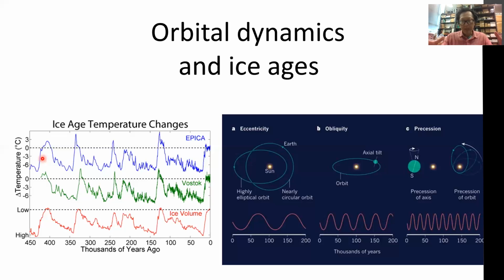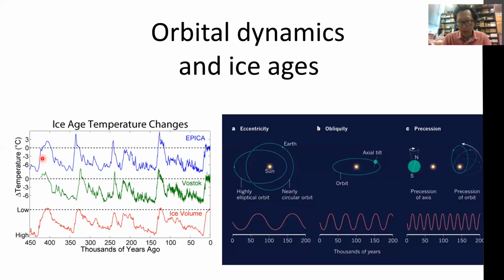And the reason it does that is that as your eccentricity is changing, the average distance from the sun changes just imperceptibly, but just enough that the temperature can change just a little bit. And I'll explain a little more how that can trigger other effects that amplify that signal.